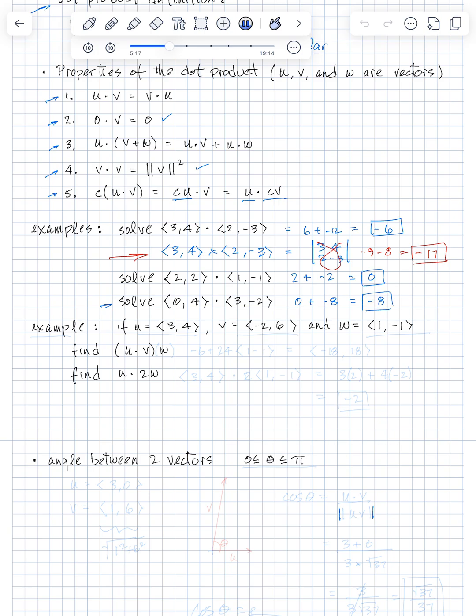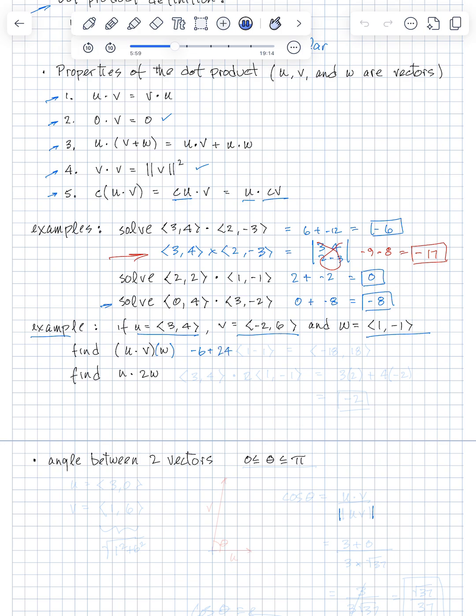All right, let's look at the next couple of examples. Here we have U is vector 3, 4. V is vector negative 2, 6. W is vector 1, negative 1. So we want to find U dot V and then times W. We could have put a parenthesis here. It doesn't really matter. First thing we want to do is U dot V. So 3 times negative 2 is negative 6, plus 4 times 6, 24.